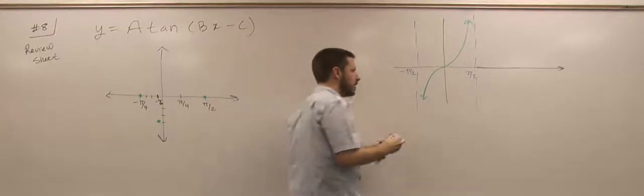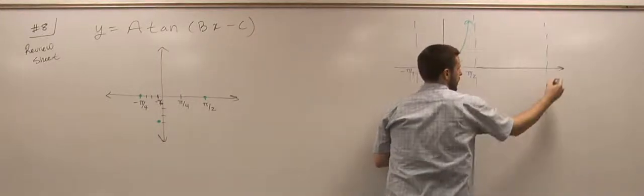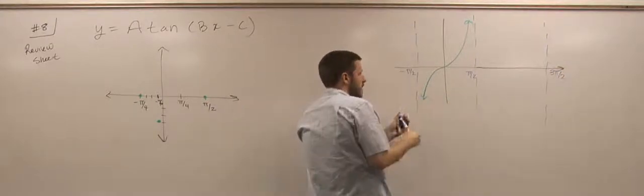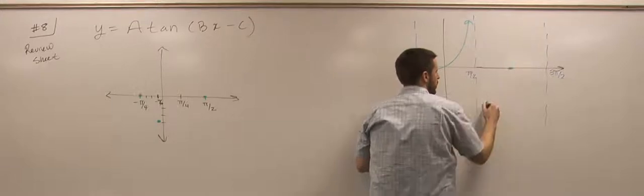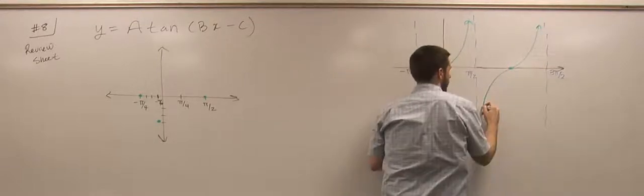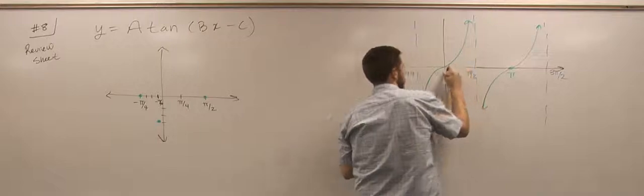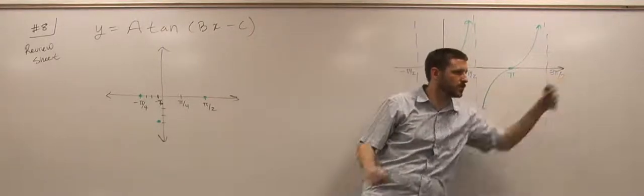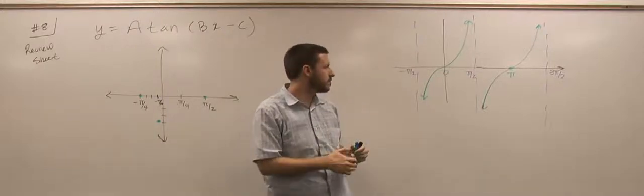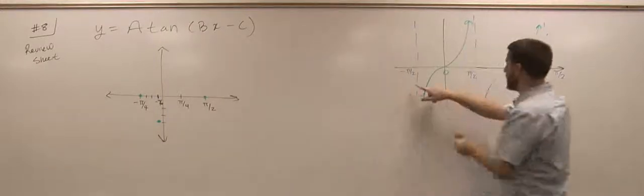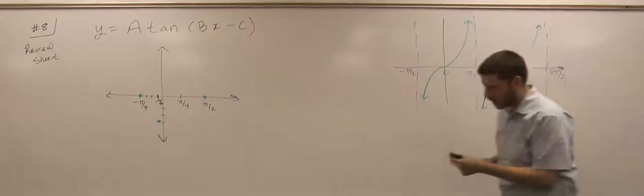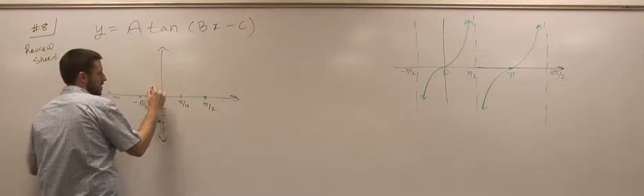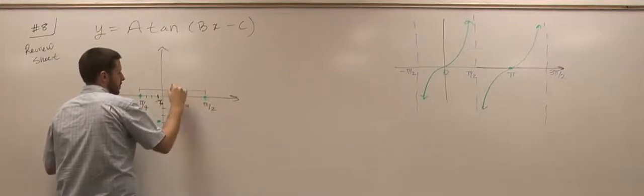Well, if you draw out the next asymptote, it'll be at 3 pi over 2, because the period of tangent is pi. So the next snake will be right in the middle, and this guy will be at pi. Every pi, every period, tangent has a new x-intercept, just like every period, it has an asymptote. So one quick assertion I can make here is that this gives me the period of my tangent function.